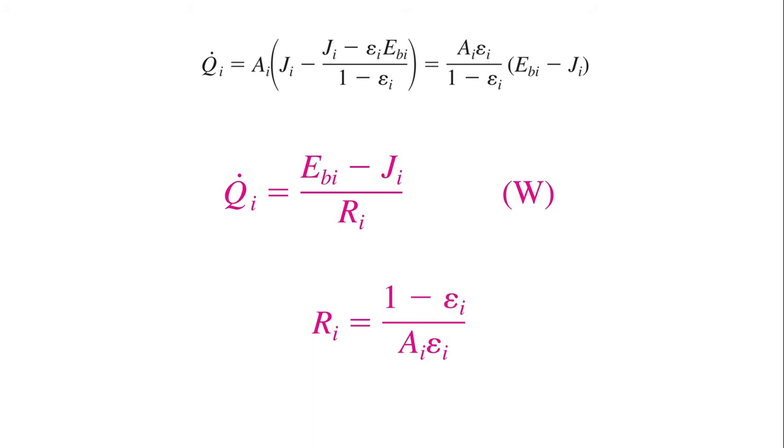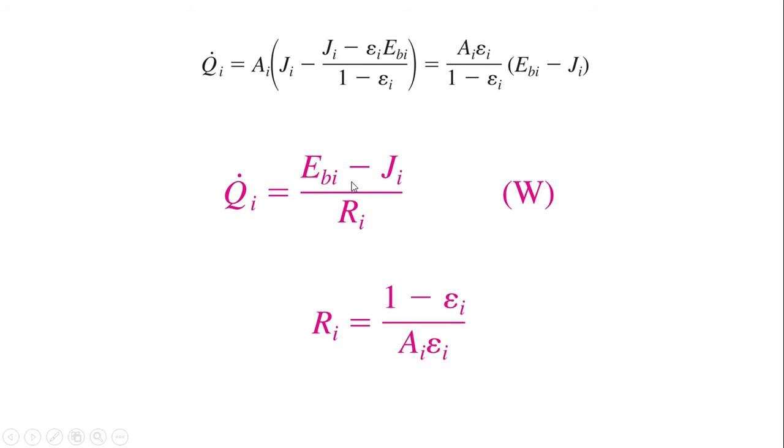So if the emissive power of a black body Ebi is greater than this Ji, then the radiation heat transfer would be from the surface. On the other hand, if this parameter were higher compared to this one, the radiation heat transfer would be to the surface.